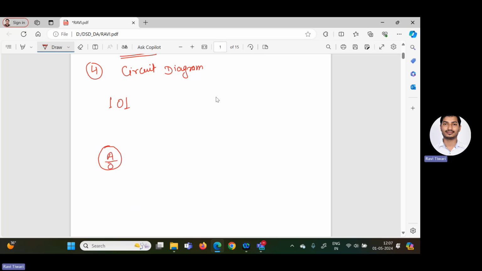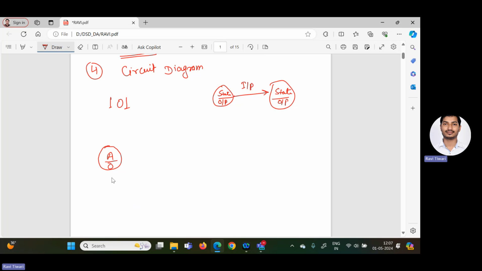What is the way of drawing the state diagram in the Moore model? Here we write down state divided by output, then next state divided by output, and at the center we write down the input. This is the way of representing in the Moore model.